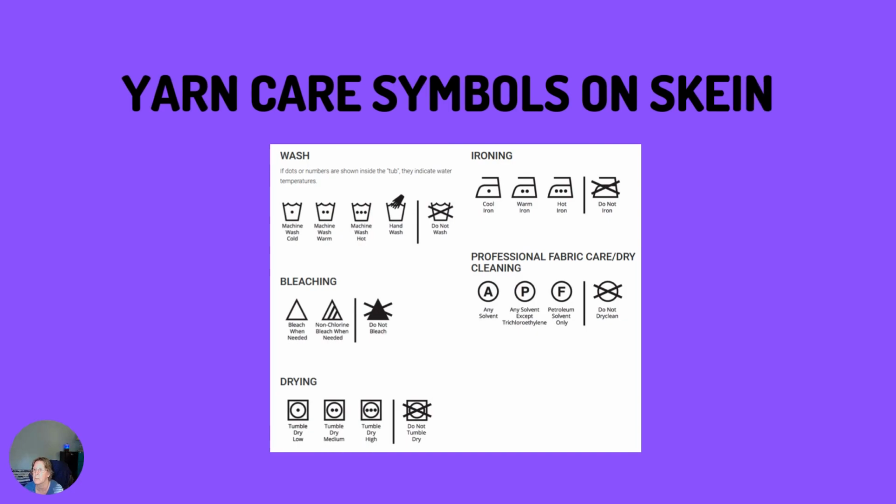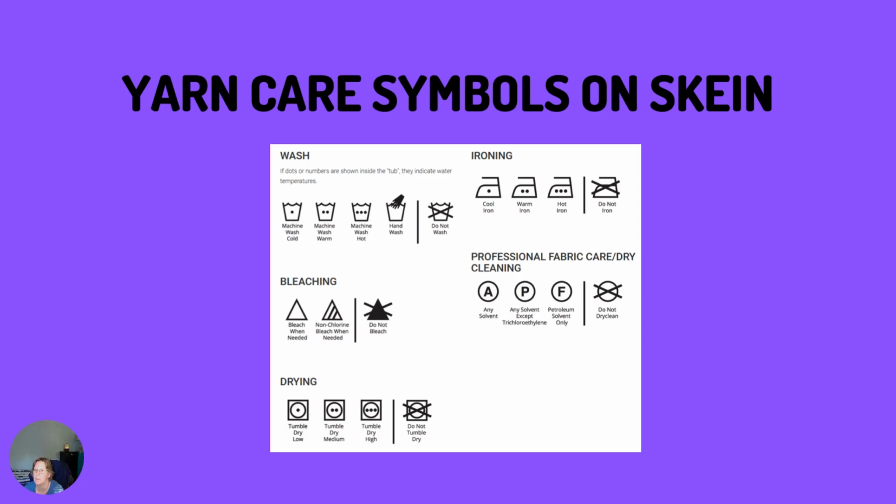Okay, here are your yarn care symbols. Any of them that have an X already stated indicate that the finished garment should not be, it might indicate that the garment should not be washed, like the first X item in the first column indicates that if you had this on your skein, the item that you produced would not want you to wash it in a washing machine.